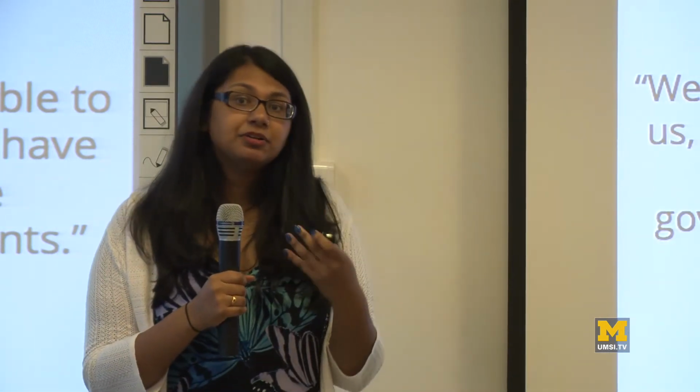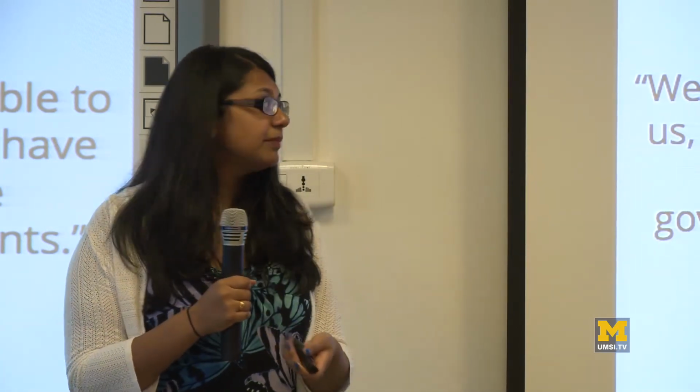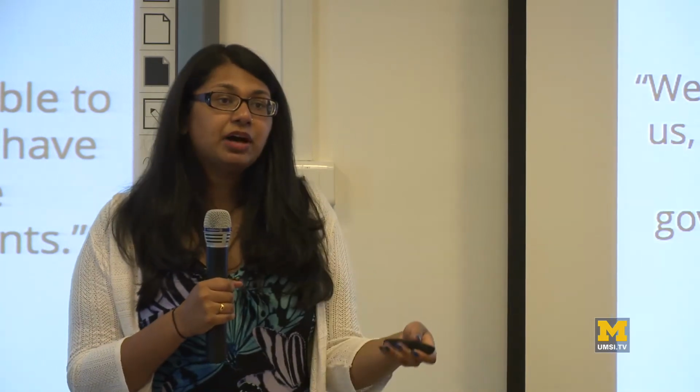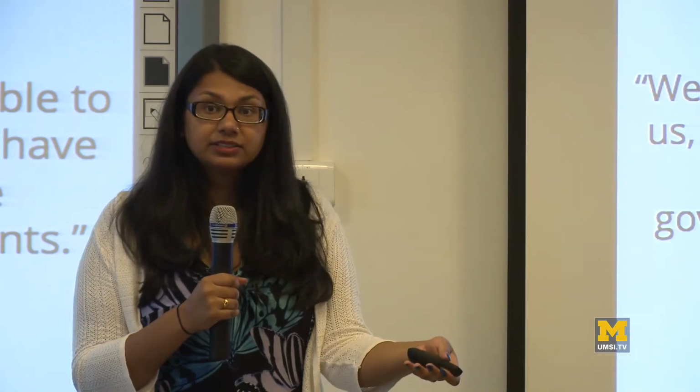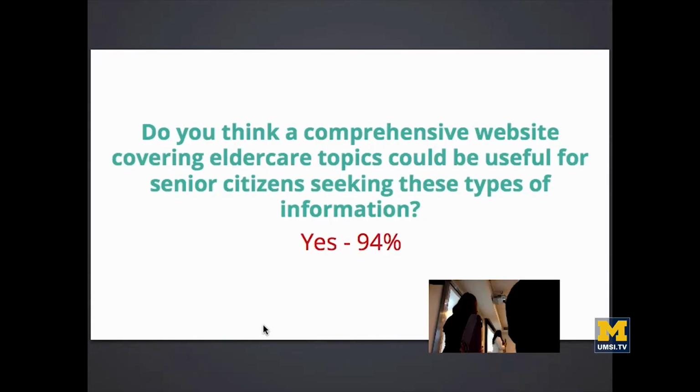They need to know how to not get scammed. What is some credible information? Often they don't know how to get discounts for train tickets to visit their family, for example. Overall, we asked, do you think a comprehensive website would be useful? And we had an overwhelming response: 94% said yes.